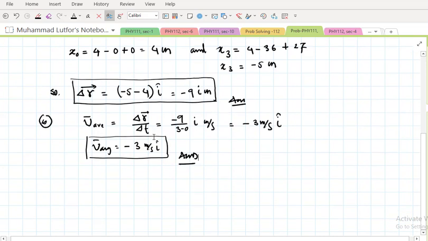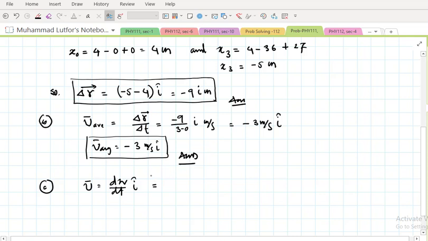That we can find if I find the velocity of that particle. First I'll find the instantaneous velocity of that particle. Instantaneous velocity V would be dx over dt i hat, so I have to take the derivative of the function.